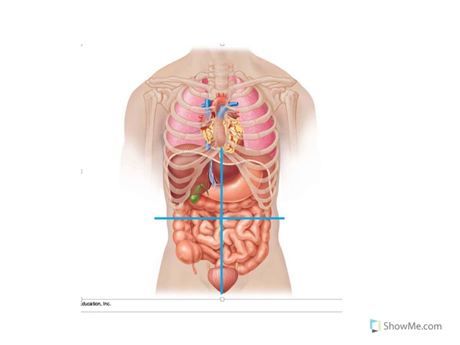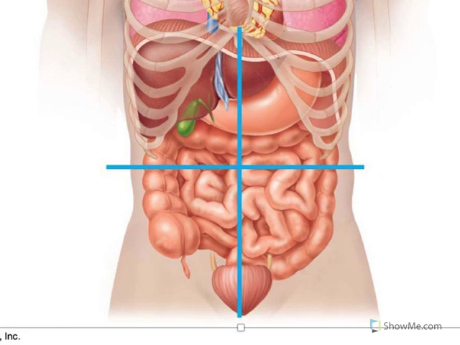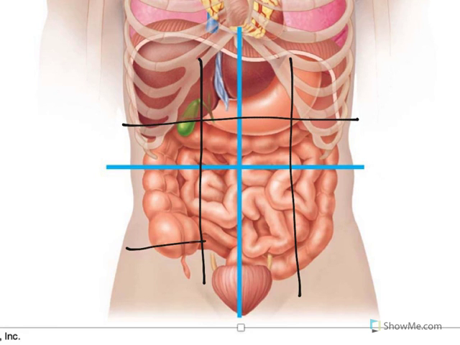Now, we also have a more complicated way to name things. Blow this up a little bit for us, and I'm going to draw a tic-tac-toe board. So in your text, you'll see that this next picture is slightly different. Okay, this middle region is called the umbilical region because of the umbilicus that lies right in the middle.